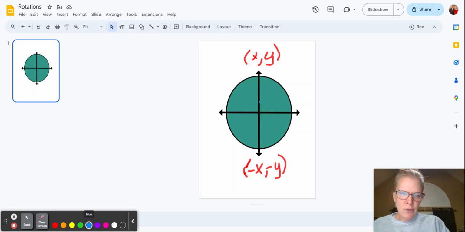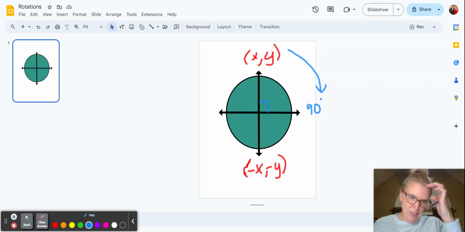We're going to look at the origin, and we have here a 90-degree angle. So when we're turning something, I want you guys to think about 90 degrees over here, and we're going to go clockwise, 90 degrees clockwise. From one point, you're turning 90 degrees. So you turn it a quarter of the way.